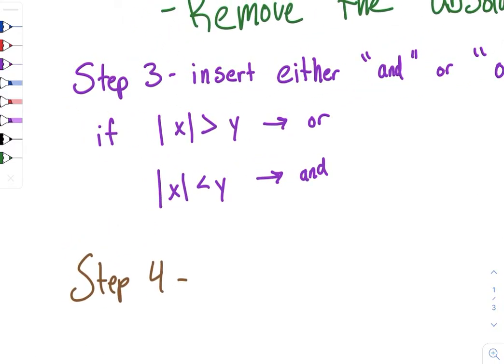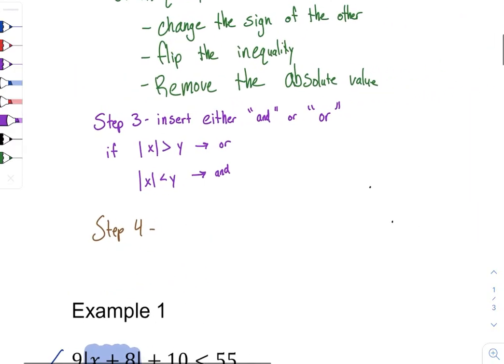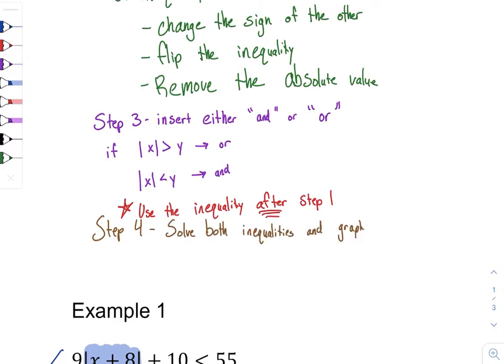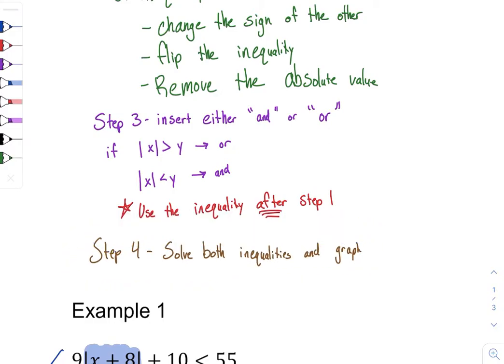If the absolute value is greater than the other side, you're going to get an or. If the absolute value is less than the other side, it's going to be an and type of compound inequality. However, what you need to be careful of is this has to happen after step 1. If you try to do this before step 1, you're going to potentially have the wrong answer. So it has to be once the absolute value is isolated.